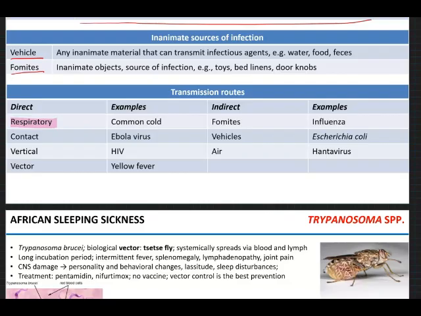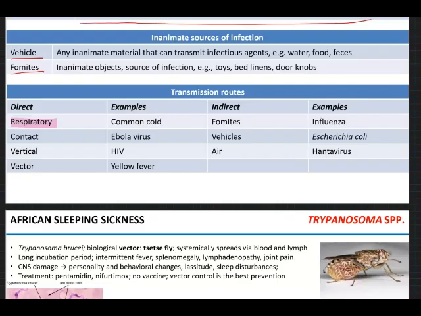When is respiratory transmission more efficient? During cold winter or that type.